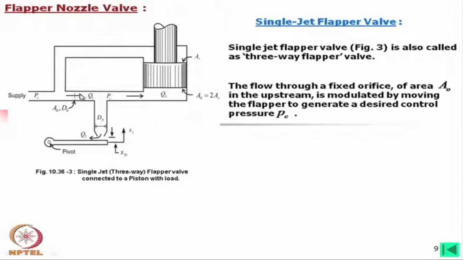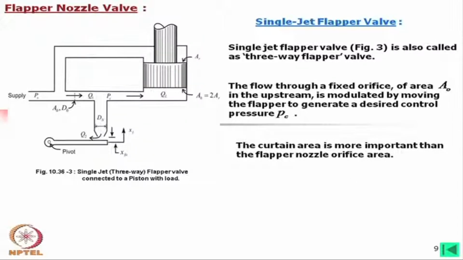This flow can further be controlled by moving the flapper. If we move this and close it, the pressure will increase. Since the system pressure remains the same, there will be less flow, and this will be controlled. In this direction there is no orifice. This we call the upstream flow.